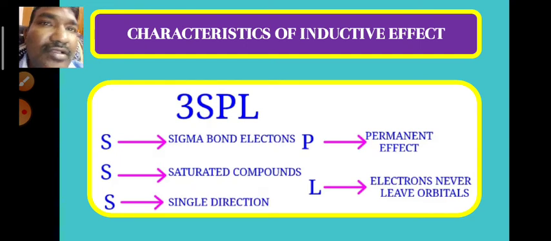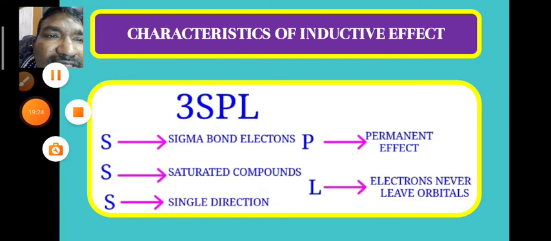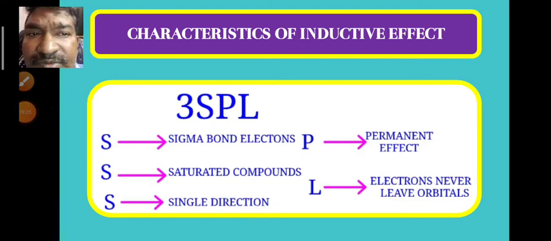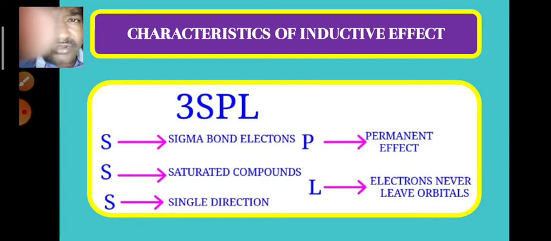Inductive effect occurs in saturated compounds. And the third S says that the displacement takes place in a single direction. P is for permanent effect. This is a permanent effect. And L is for the electrons never leave the orbitals.